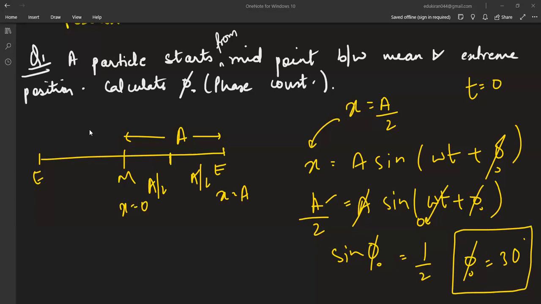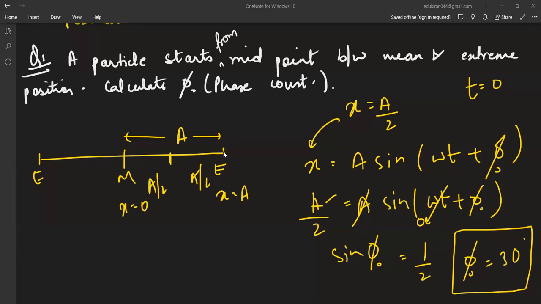And ma'am, can we take displacement as amplitude? You can take displacement as amplitude, because it is maximum displacement, right? Extreme position. Displacement starting from extreme position. Now you don't know how much displacement has been covered.